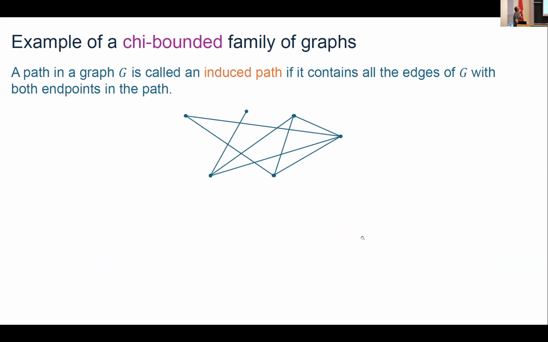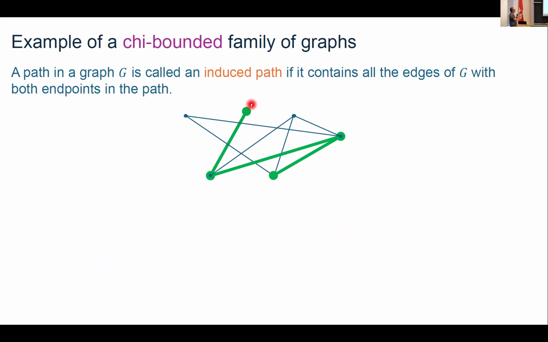And why? Let me give you an example of a chi-bounded family that has this property. Sorry, this is the last graph theory thing that I'm going to define here. If I have a path in a graph, like a line of vertices where everyone's connected to the one before it, it's called an induced path if it contains all the edges of the larger graph that have both endpoints in the path.